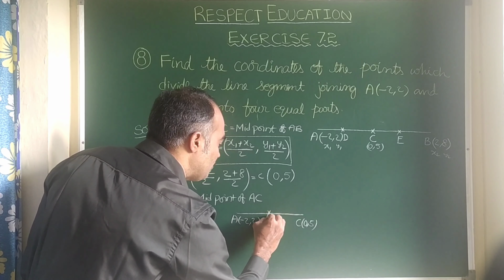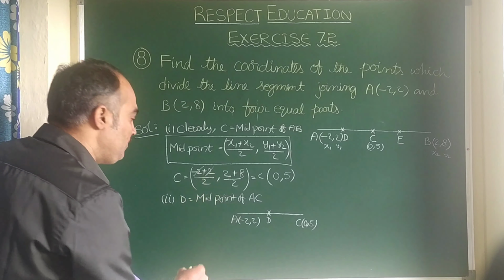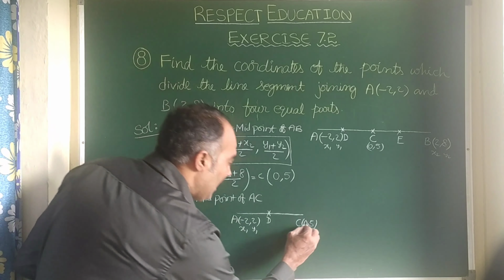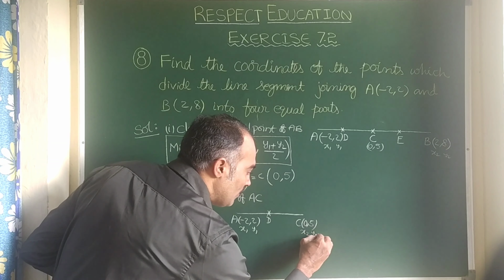In this, D is the midpoint. So in this case A is (x1, y1) and C is (x2, y2).